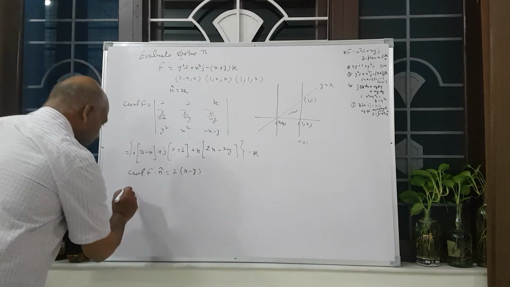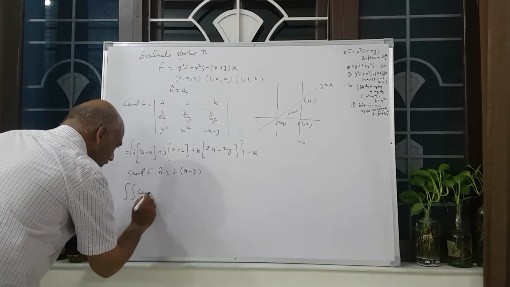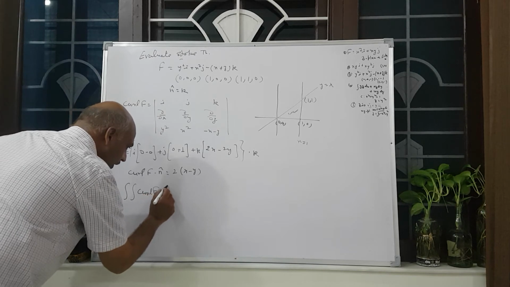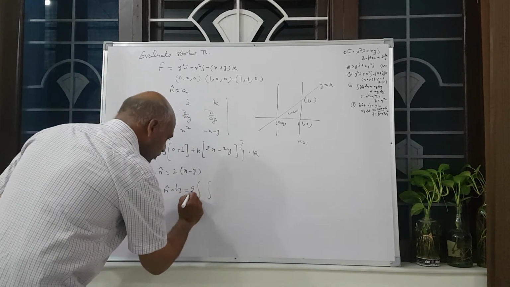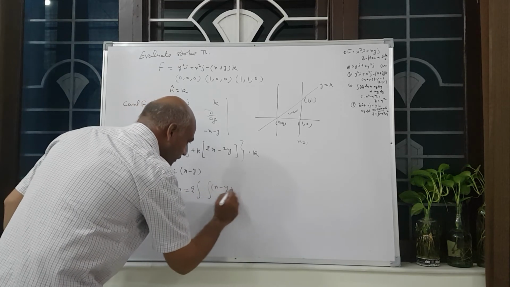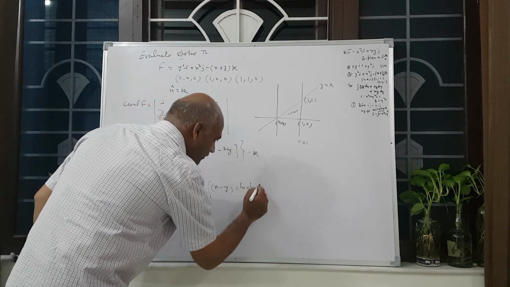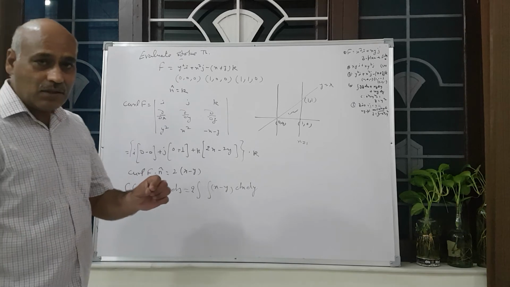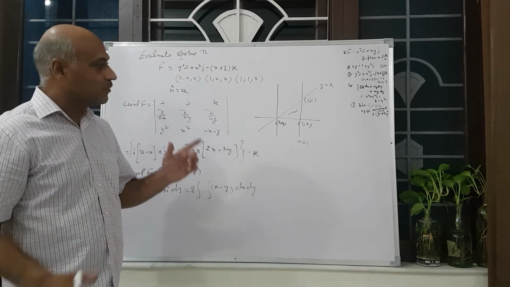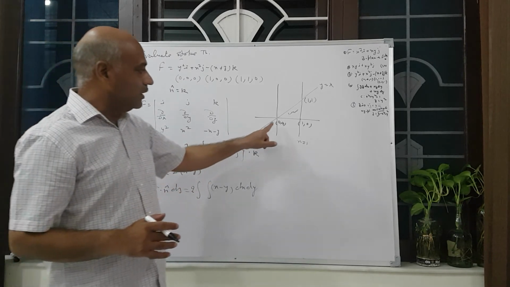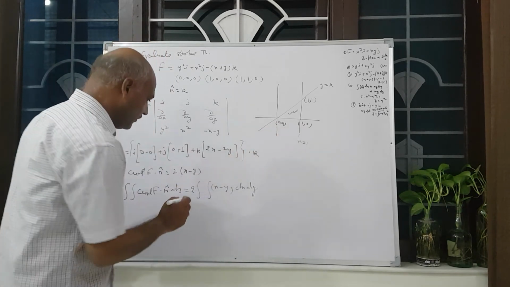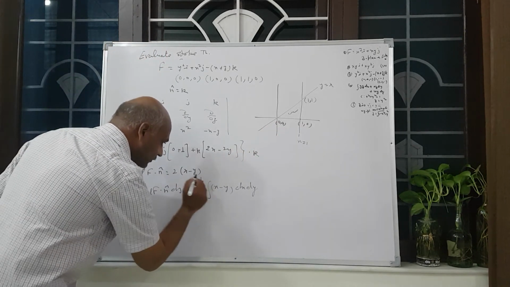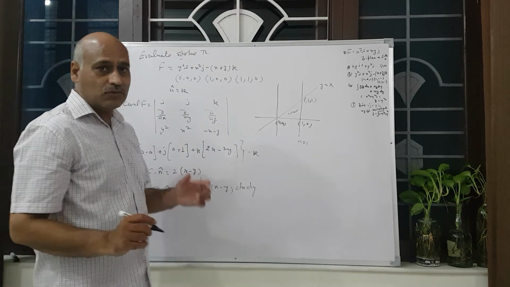So now we evaluate curl f dot n cap dx, double integral of 2x minus y dx dy. So the limit of x is in terms of constants, x changes from 0 to 1. Now we have to find the limit of y.